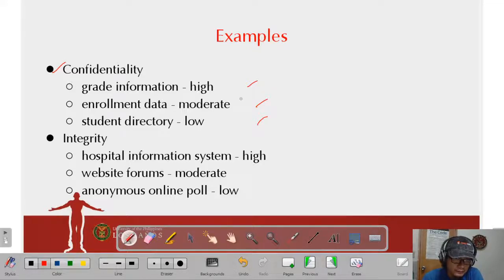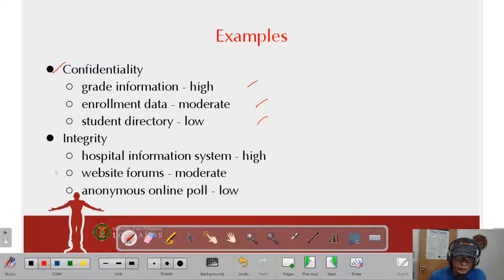Enrollment data, if it gets leaked, is of moderate impact. And then the last, the low level impact regarding confidentiality is the student directory. Normally the student directory is public, so it doesn't really matter that much if it gets leaked.